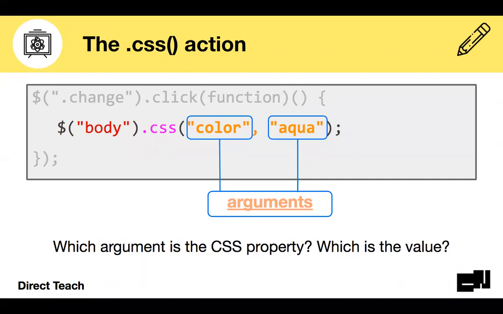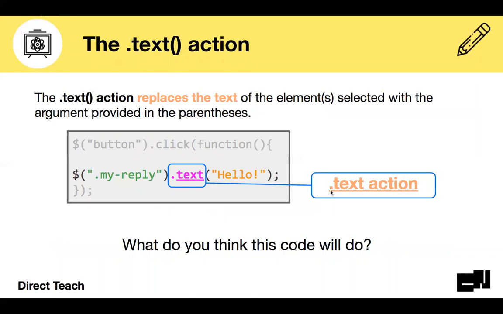Yep, just as in CSS, color is the property and aqua is the value. The value is what we want it to become. The property is like the element that we're trying to change or modify, okay? So what's between the parentheses after the CSS action, or after any action, is called the argument.